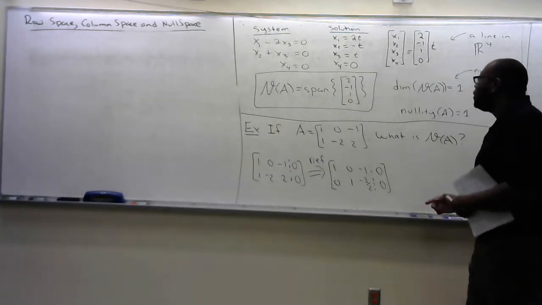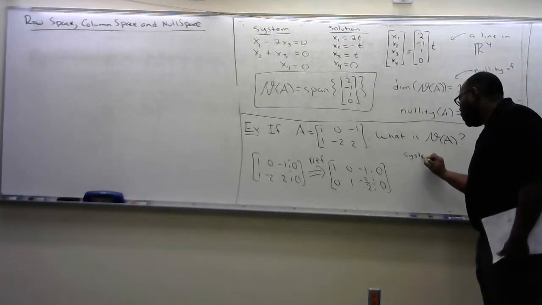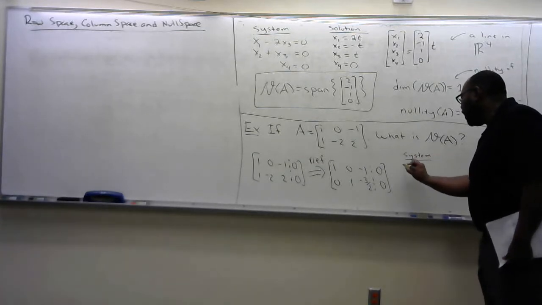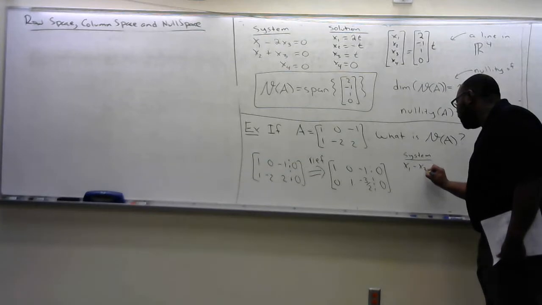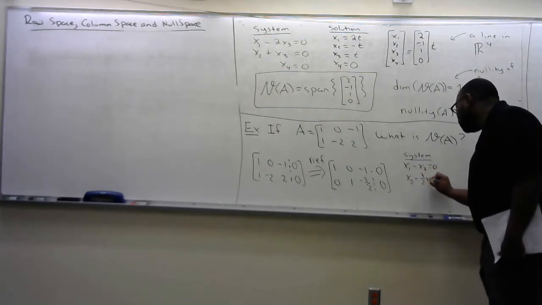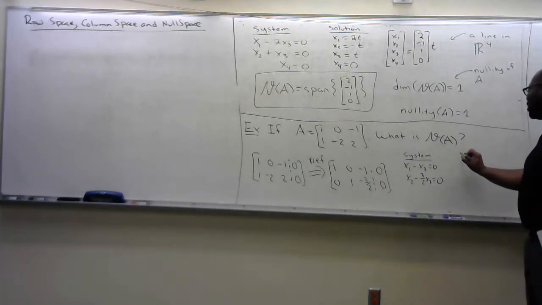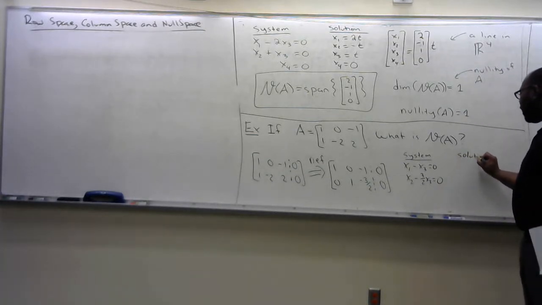What's my system going to be? So I get x1 minus x3 equal to 0, right? I get x2 minus 3 halves x3 is equal to 0. And let's just go directly to the vector form of the solution.